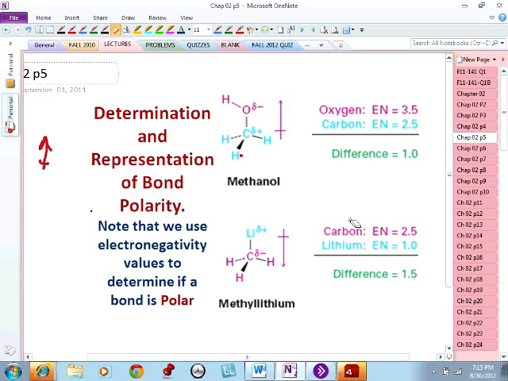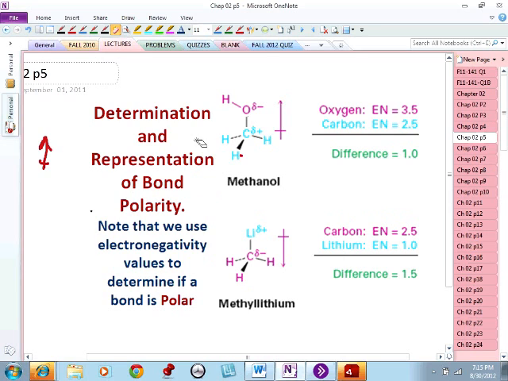Yes, very good. The hydrogen also. The electronegativity of hydrogen is 2.1, and carbon is 2.5.